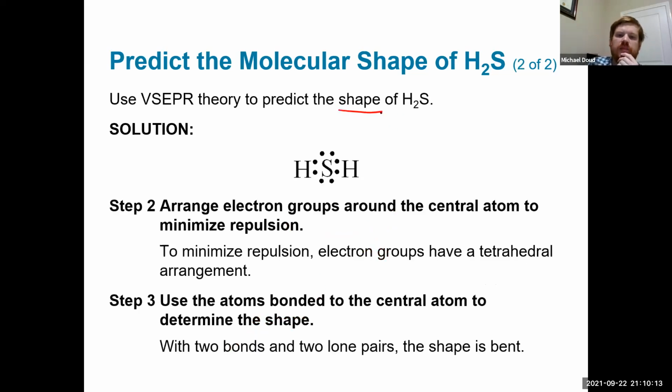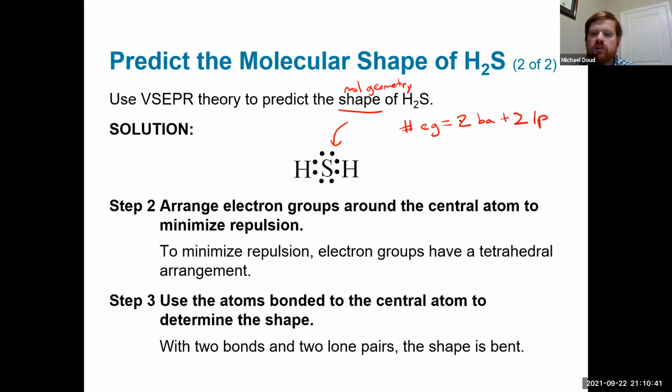So we're going to predict the shape, or the molecular geometry, again, of H2S. So we look at the central atom, that is the key thing. So for the central atom, add up the number of electron groups that it has. How many atoms are bonded to sulfur? 2, right? So there's 2 bonded atoms. And how many lone pairs does sulfur have? 2, right? 2 lone pairs.